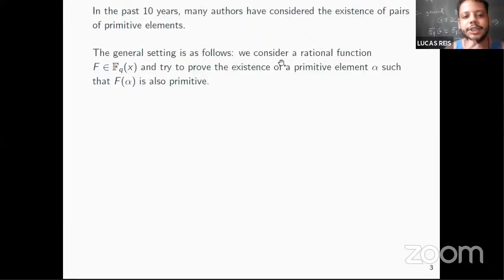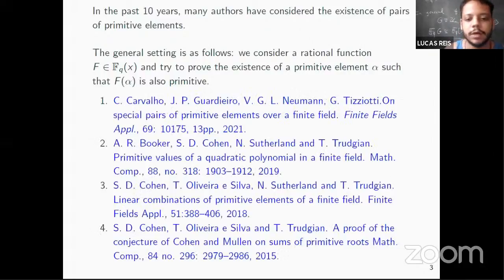The general setting is we consider a rational function f with coefficients in FQ and try to prove the existence of a primitive element alpha such that f of alpha is also primitive. So we have this pair of primitive elements, alpha and f of alpha, where f is a rational function. Here we have, I think, four of the most relevant works on this problem, just to give a few references.